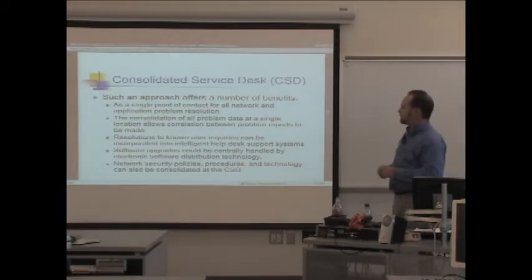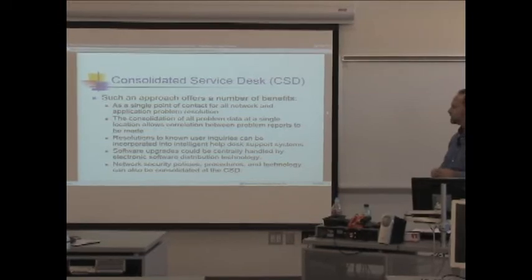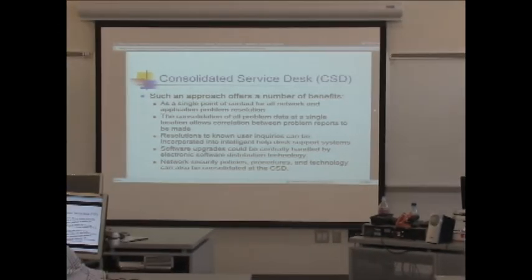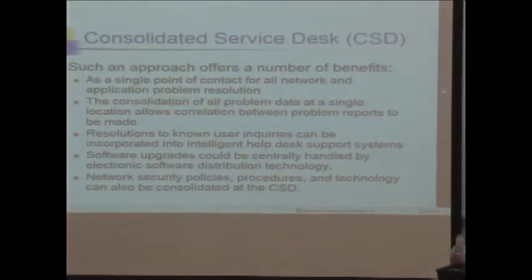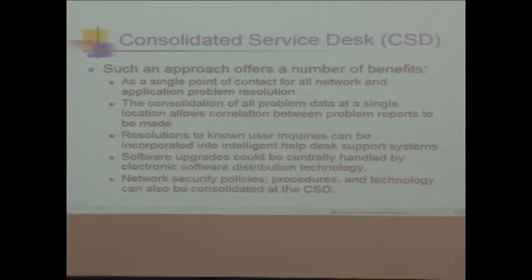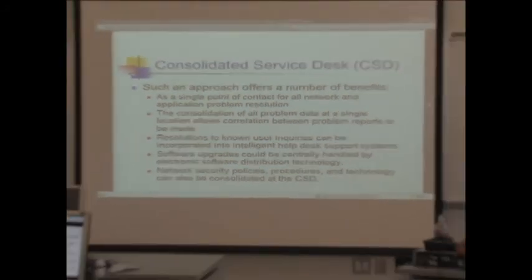Resolutions to known user inquiries can be incorporated into intelligent help desk support systems. So that's the knowledge base that I was talking about earlier. Software upgrades could be centrally handled by electronic software distribution technology. So instead of each department or each geographic location being responsible for that, we can centralize it. In most cases, when we can centralize things, we're going to gain in efficiency and reduce costs.